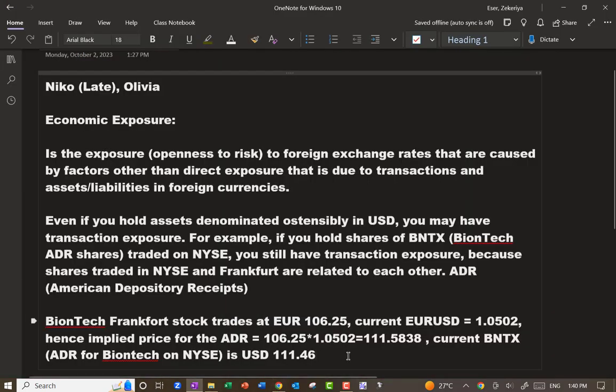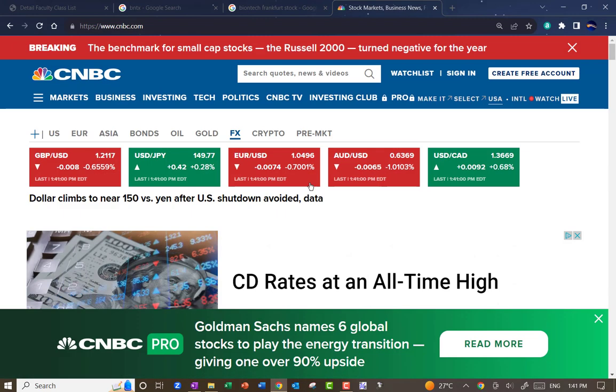So exposure like that is not technically considered economic exposure, because if nothing changes on the nature of the BioNTech stock, their expected sales are the same, everything is the same. The only reason it changes is because of the exchange rate, and the exchange rate has changed quite a bit.